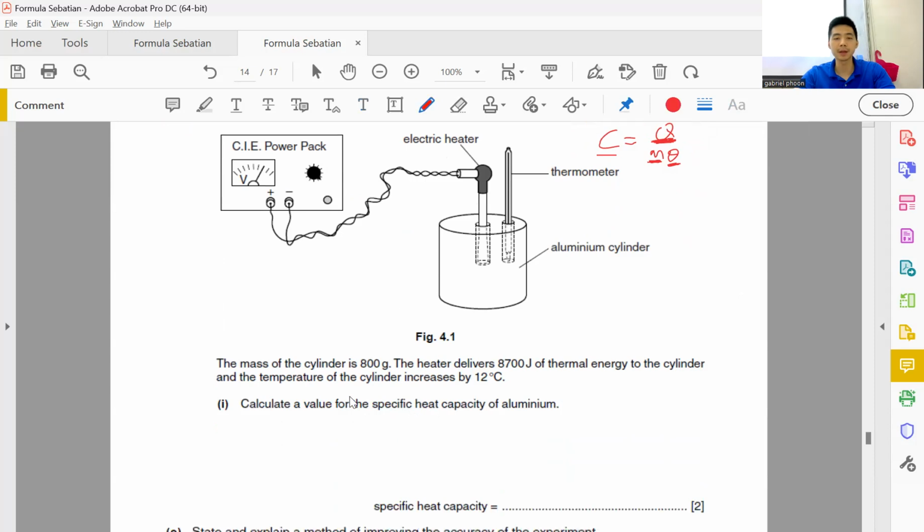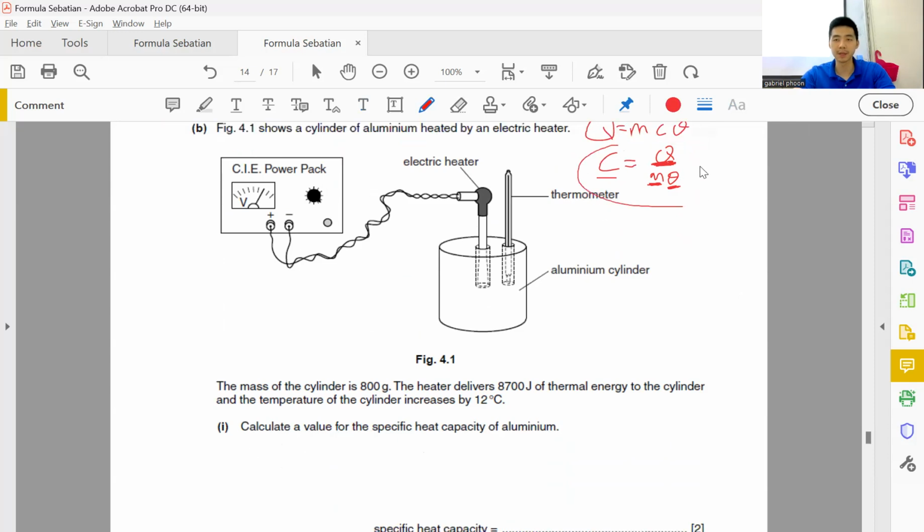Anyways, from here, the next part here, they ask you to calculate the specific heat capacity. Once again, if you want to calculate the specific heat capacity, it's basically using this formula. You'll need the heat energy, the mass of the object, and also the change in temperature. Did you use your mass as 800?